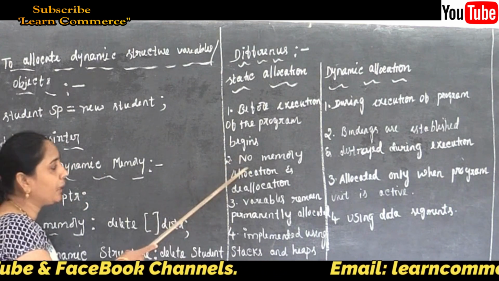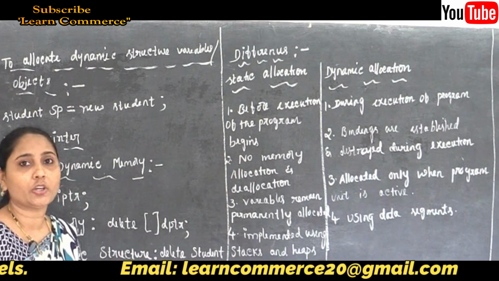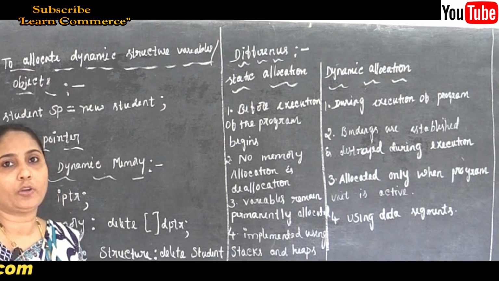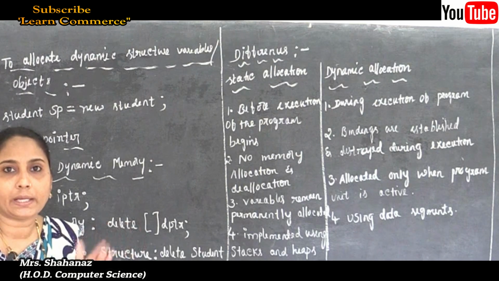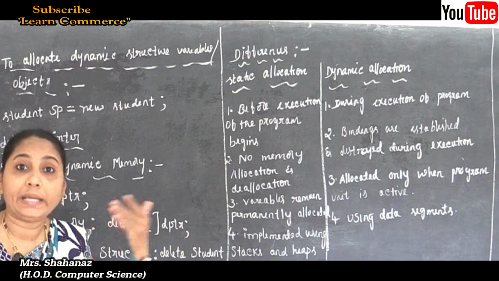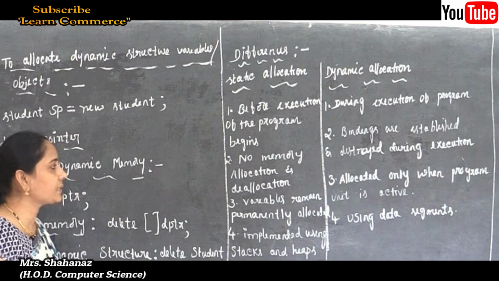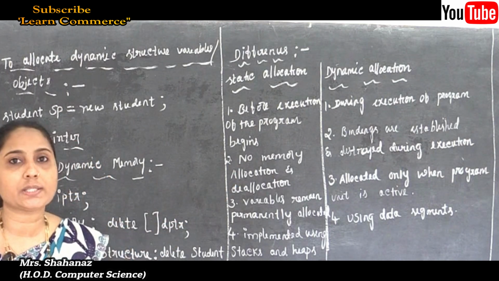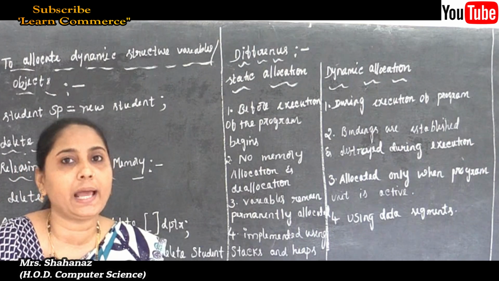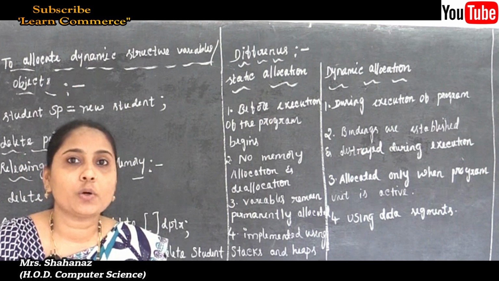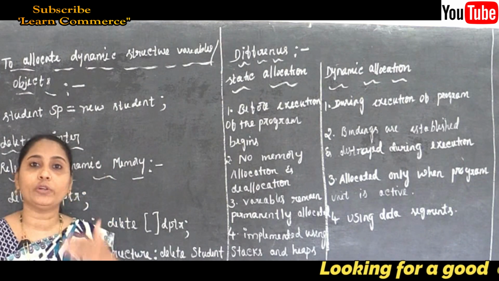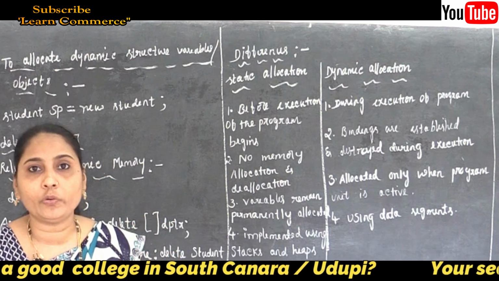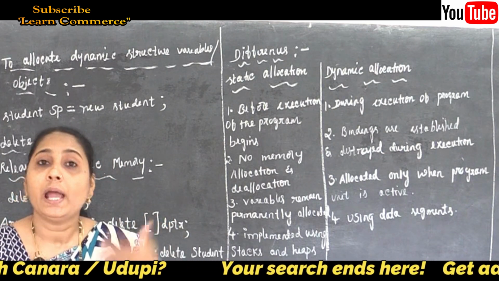Now let's see the second point for static allocation of memory. In static memory allocation, it's not possible to increase the size or decrease the size. So no memory allocation and deallocation actions are performed in static allocation of memory. Why? Because when you declare the data, it reserves some amount of memory space depending on the data type.